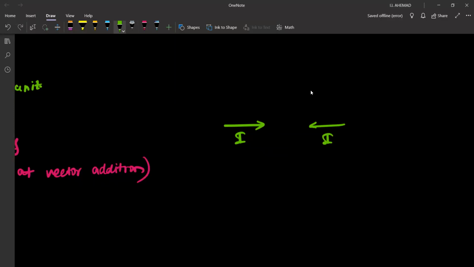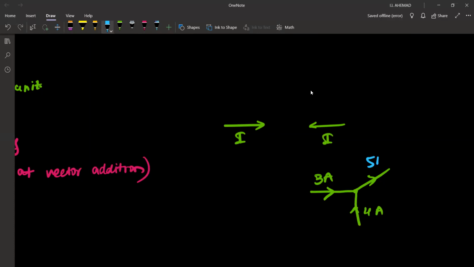Now, I'll ask you a simple question. Now you know that current is the rate of flow of charge. Now we have 2 amperes of current, 3 amperes of current and 4 amperes of current. What will be the resultant current through this branch?